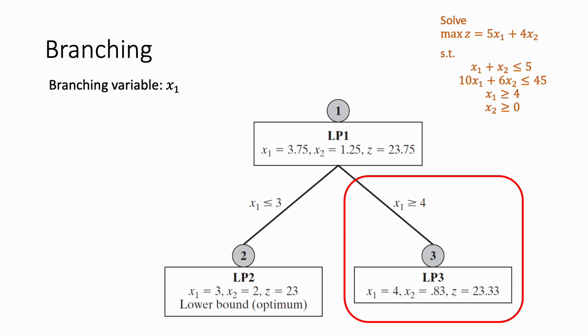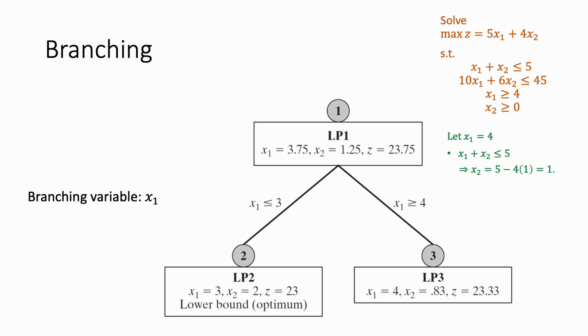If we look at this, we add another constraint to our problem. So we have the first constraint, the second constraint, and then we added x sub 1 greater than or equal to 4, and x sub 2 is already the non-negativity constraint. So we added this.